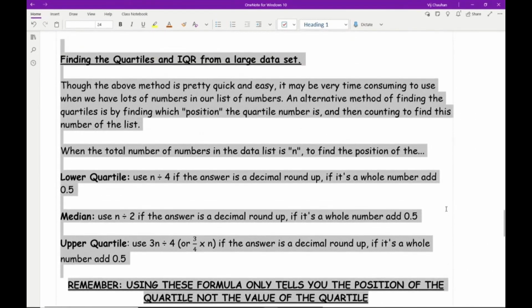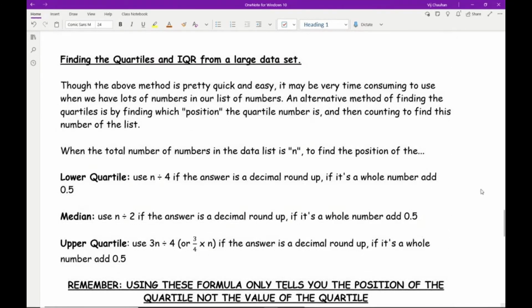There we go. So in terms of finding the quartiles and the IQR from a large data set, the previous example was not too bad because we only had, let's say, 12 and 13 bits of data. Now if you had data that was in the 40s or 50s, then you might find that that method, particularly if they're not ordered, is going to be very, very difficult and very time consuming for us to do.